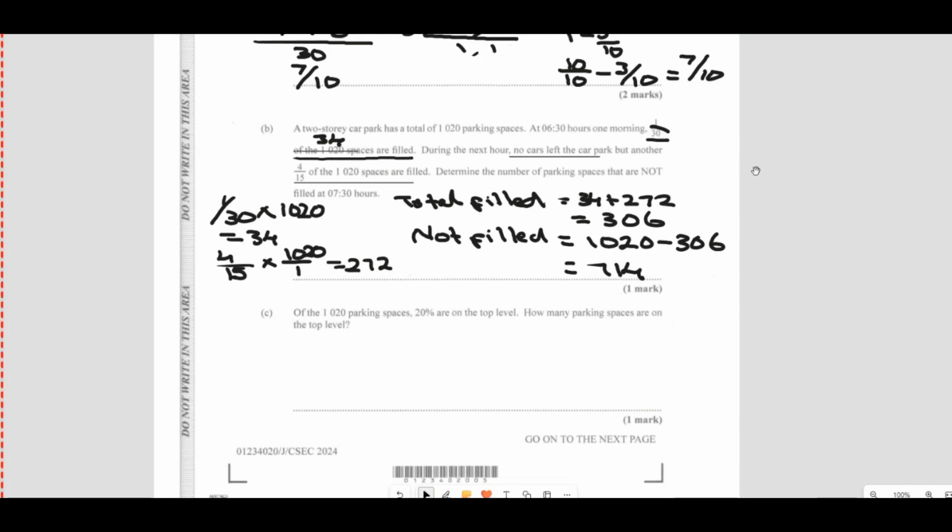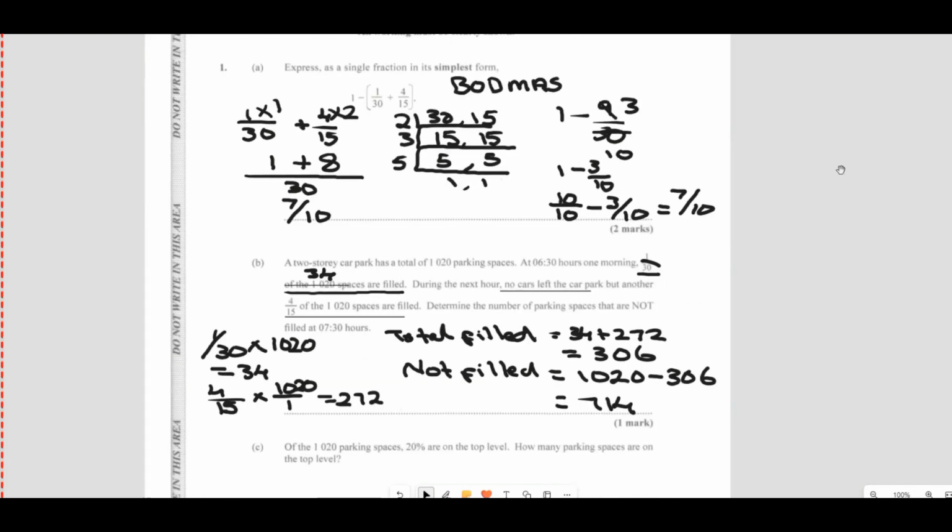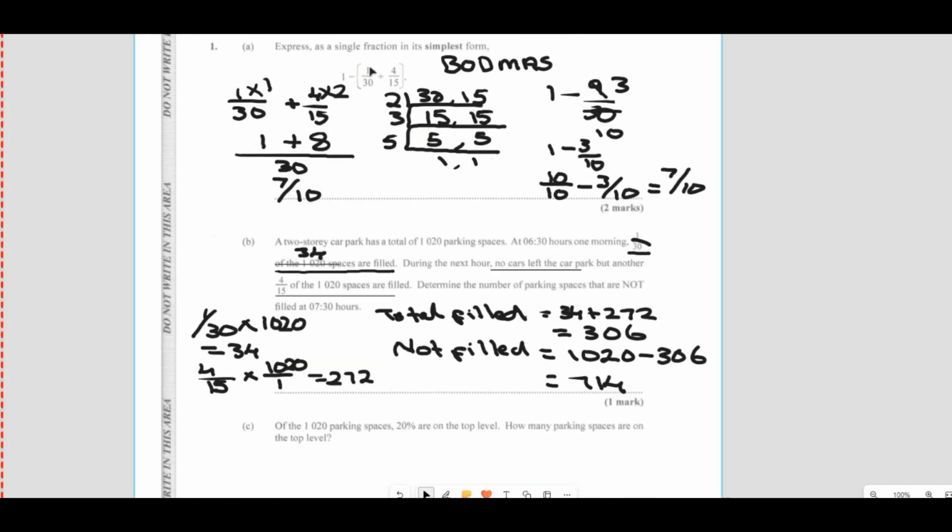Now, there's another way you could have done this by using the answer that you had above here, right? If you look at it, 1 over 30 plus 4 over 15 is how much was filled, and then you subtract it from your whole.